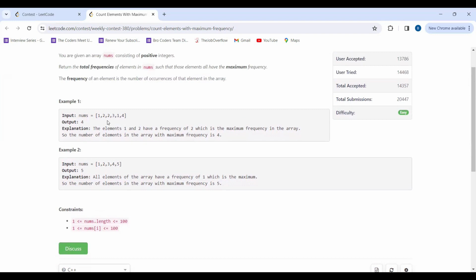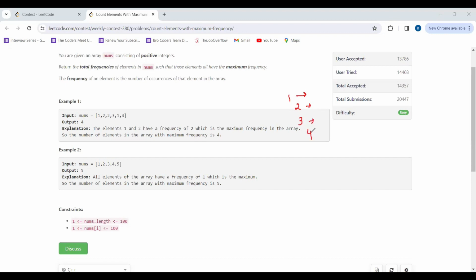In this question, what you need to do is count all the different elements occurring in the array. For example, here we have four different elements occurring in the array, which are 1, 2, 3, and 4.